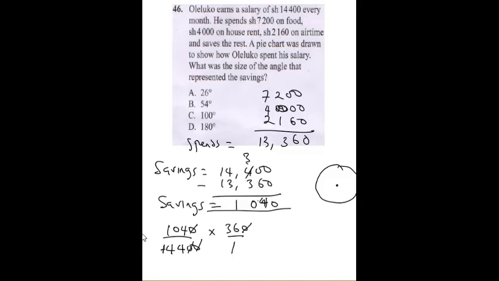So okay, now 12 here is going to give us 3. 12 here is going to give us 12. 3 here is going to give us 1. 3 here is going to give us 4. So we'll have 104 all over 4. Now 4 into 10 is going to give us 2. Remember 2, and 4 into 24 is going to give us 6. So it's going to be 26 degrees. Final answer, 26 degrees.